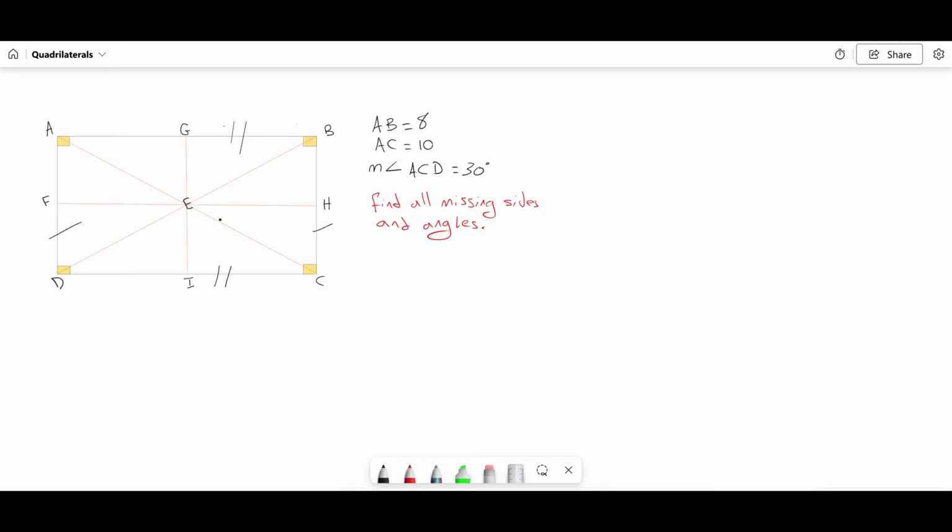We also have the diagonals that intersect at this point E, and we have this horizontal line and this vertical line, both of them passing through the center where these two diagonals intersect. So this line here, FH, is cutting BC in two equal segments, HB and HC.